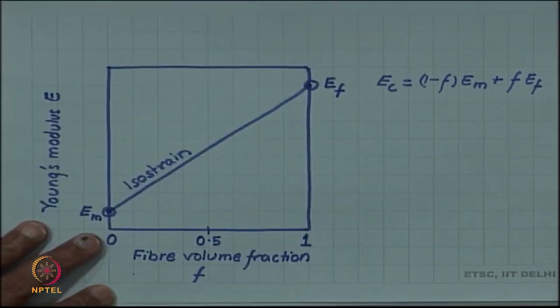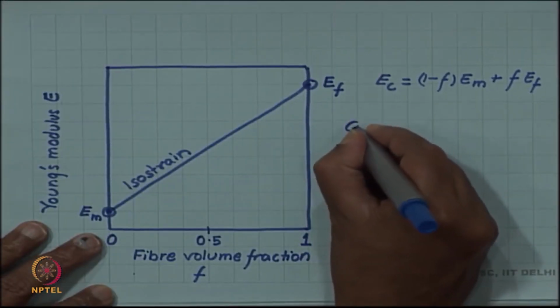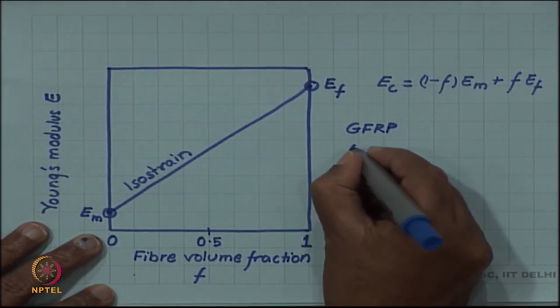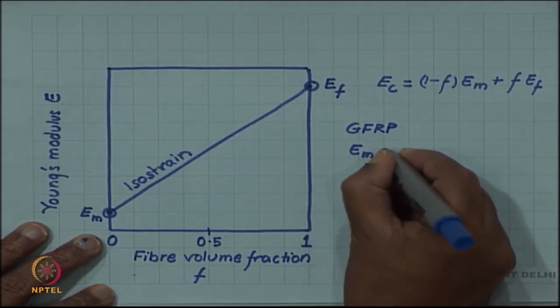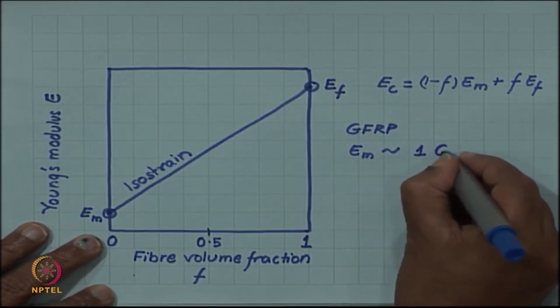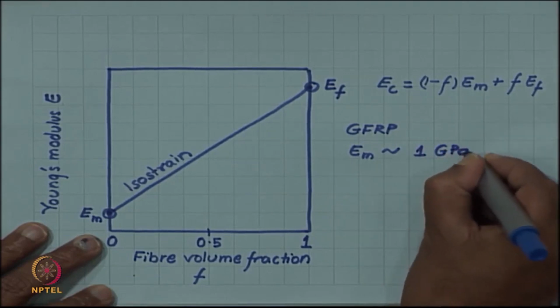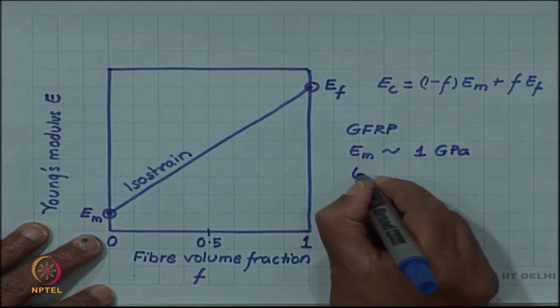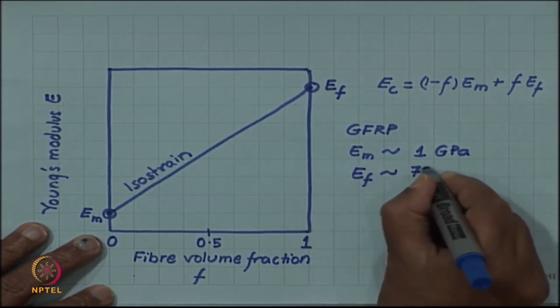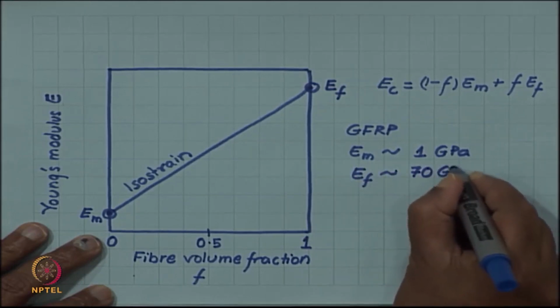In a typical glass fiber reinforced composite, for example, let us say GFRP, E m will be very low, let us say 1 to 2 gigapascal. So, this may be 1 gigapascal, whereas the glass E f has a very high modulus, so 70 gigapascal.